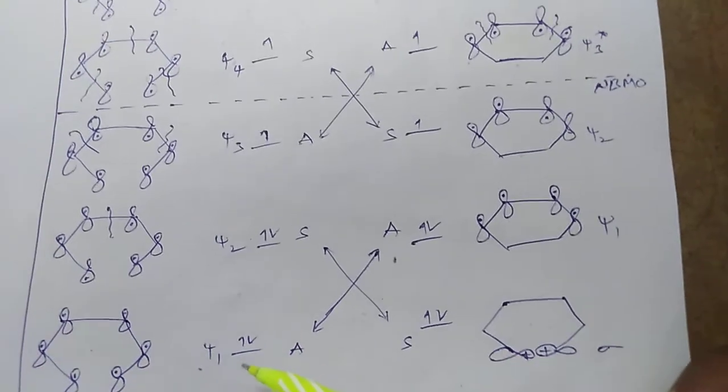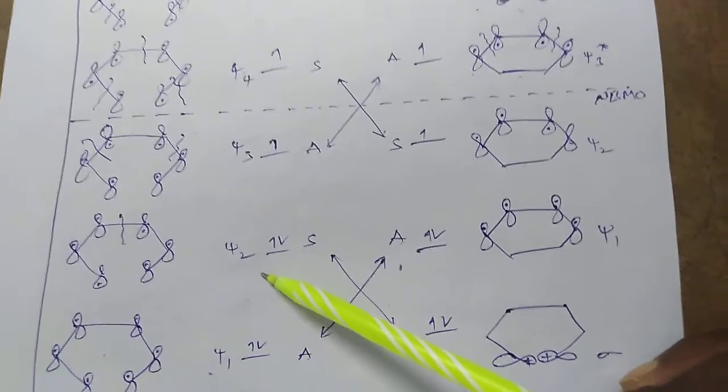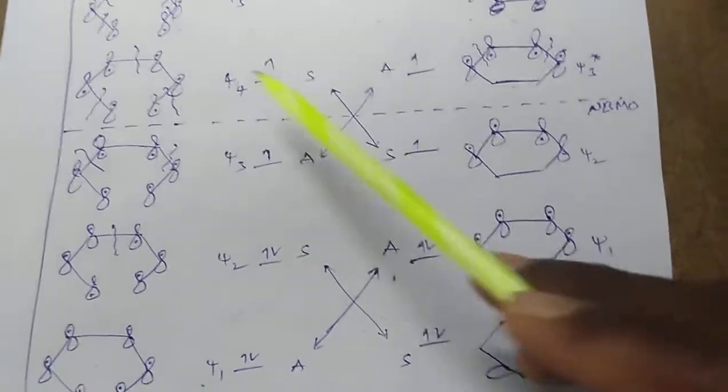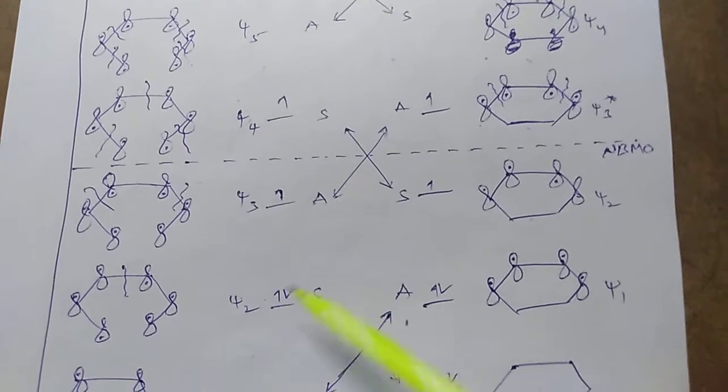You see the electronic configuration: Psi1 has 2 electrons, Psi2 has 2 electrons, Psi3 has 1 electron, Psi4 has 1 electron. When we give energy to the ground state molecule, it excites to a higher energy level.